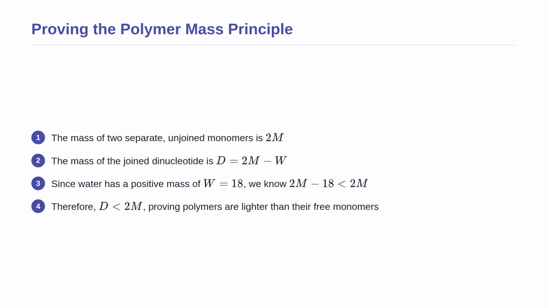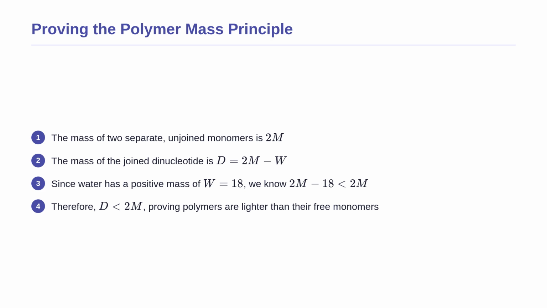This final number leads us to a profound realization, allowing us to prove a fundamental principle of biochemistry. Let us set up the proof. The mass of two separate, unjoined monomers is simply 2 times m.